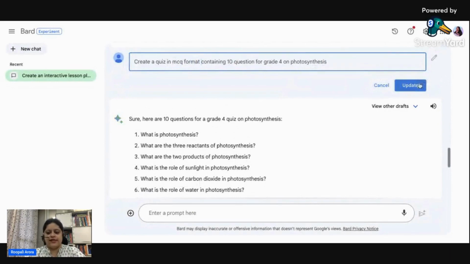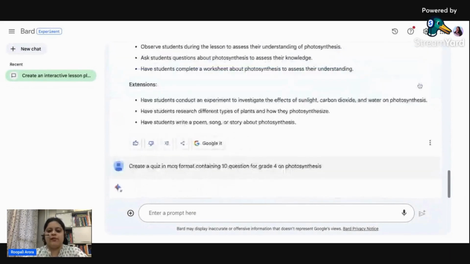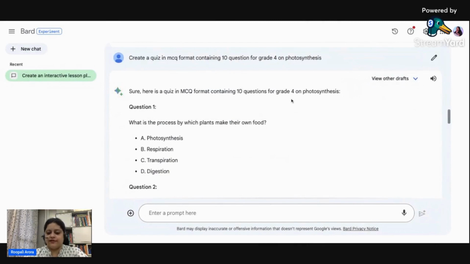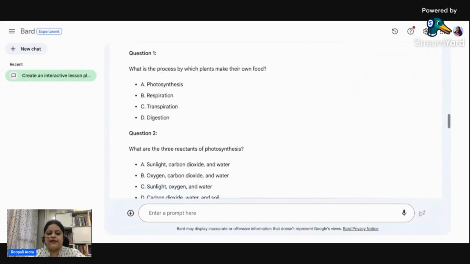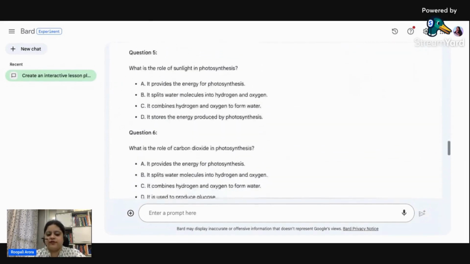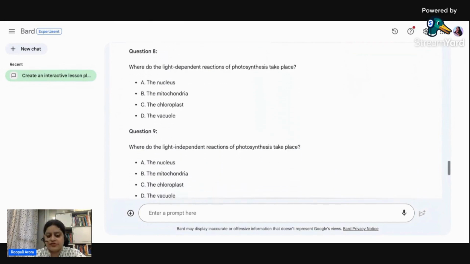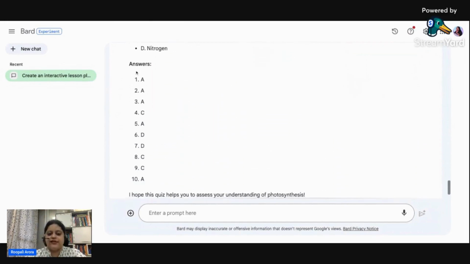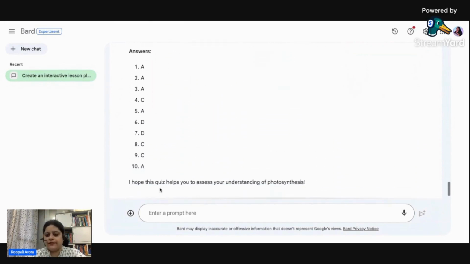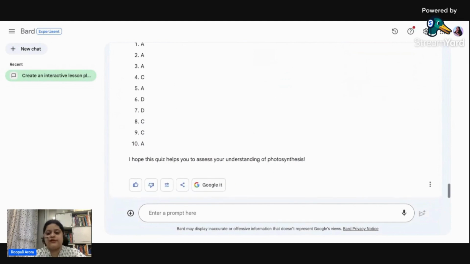And then I can update, and I will see that my question is now turned into an MCQ quiz, and 10 MCQs would be created specifying the grade level and the subject, which is science, in that the topic is photosynthesis. So all the questions are formed depending upon how many questions I've asked. And then finally, the answers are also there. So this is how we can create a quiz in Google Bard.